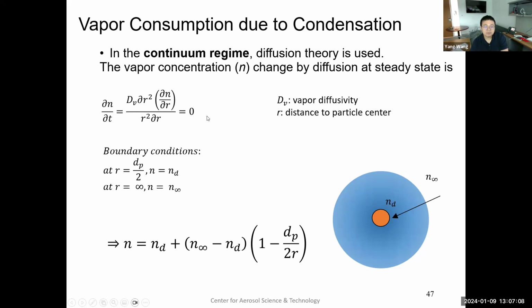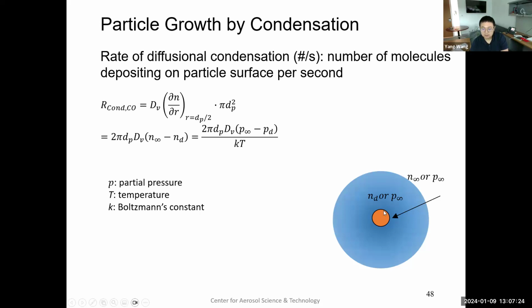By assuming that everything is at steady state, you can set this equation to 0, and then you can find the distribution of the water vapor, or any vapor, in this system. Then you can calculate the flux from the concentration difference toward the center particle, and this is the rate of diffusion, or condensation.